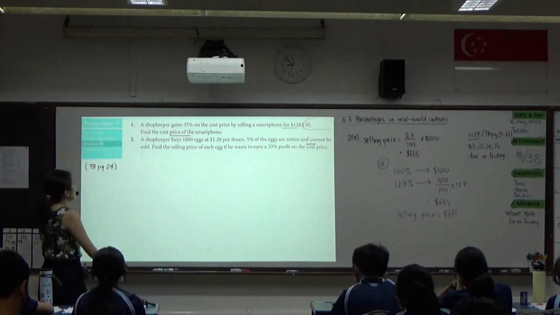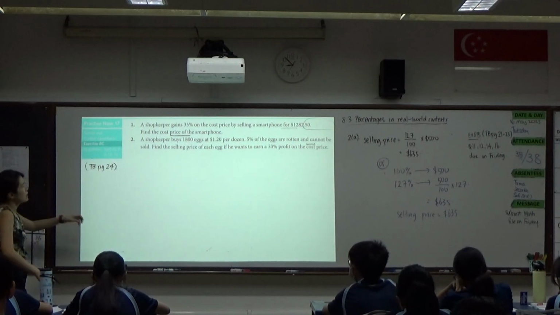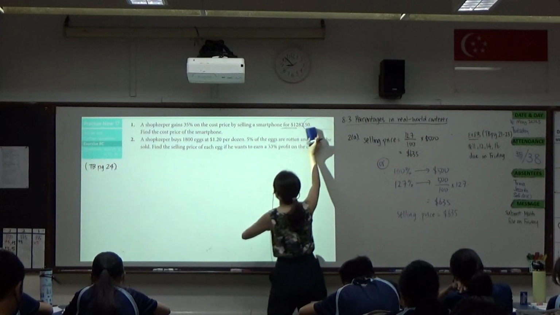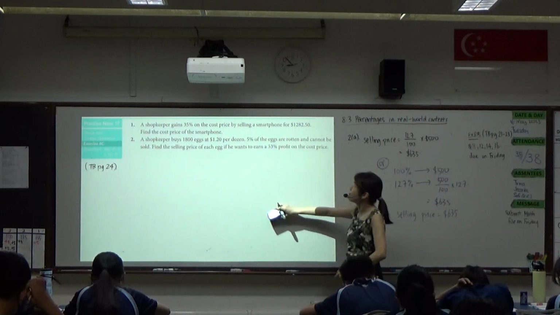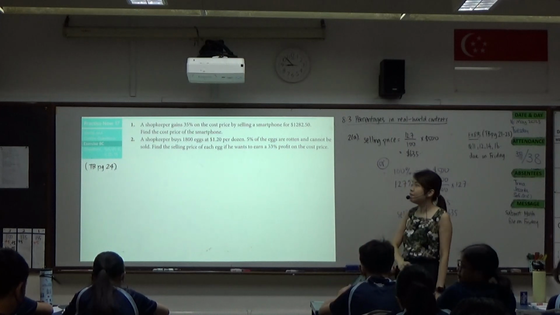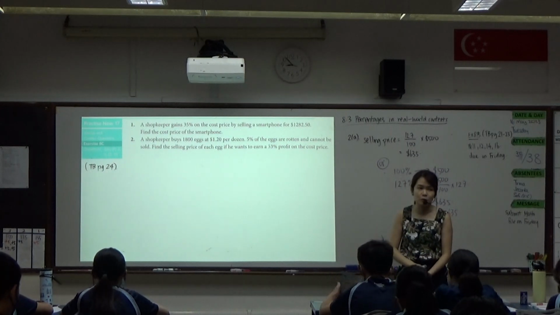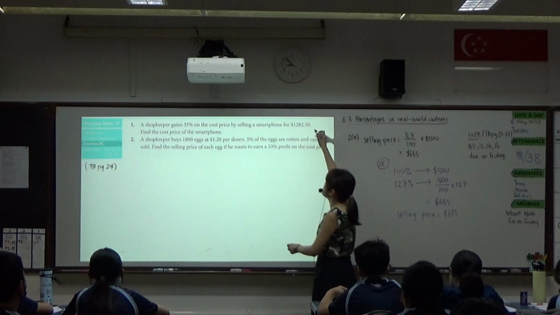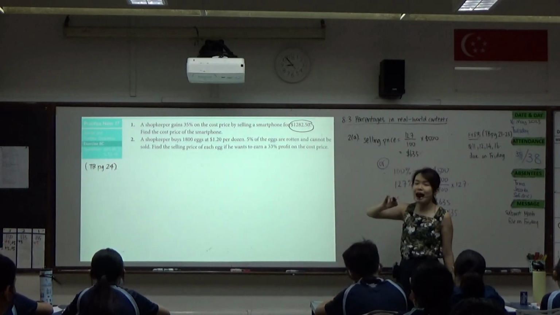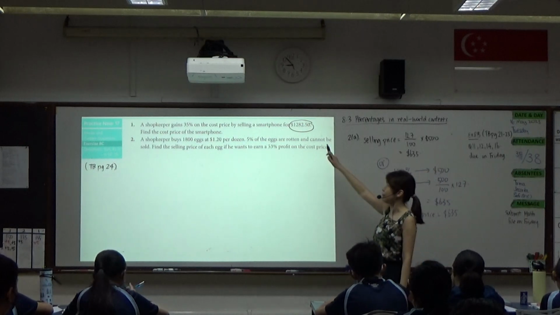So in question 1, it says that a shopkeeper gains 35% on the cost price by selling a smartphone for $1,282.50. Find the cost price of the smartphone. My question here is, this number over here, how many percent does it represent?